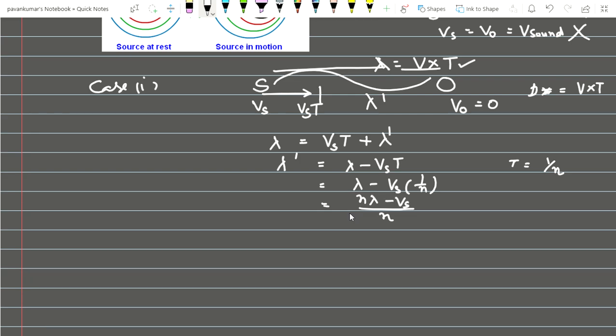We know that V is equal to n lambda, velocity is equal to frequency into wavelength. That is equal to (V minus Vs) divided by n. This is called the apparent wavelength.